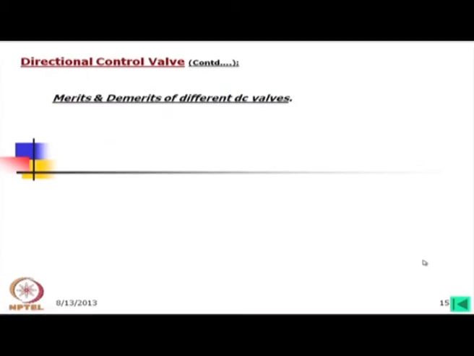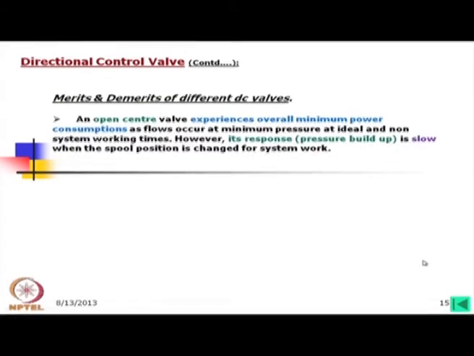Now, merits and demerits of different DC valves. An open center valve experiences overall minimum power consumption as flow occurs at minimum pressure at idle and non-system working times.